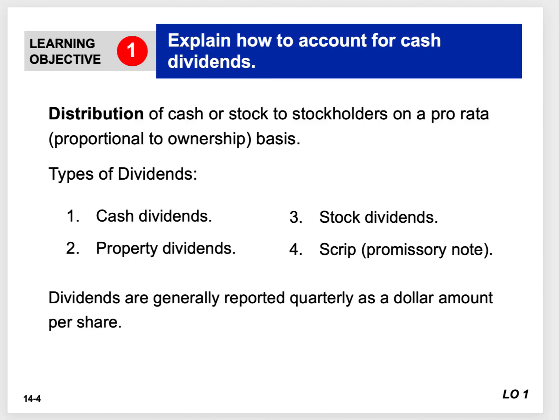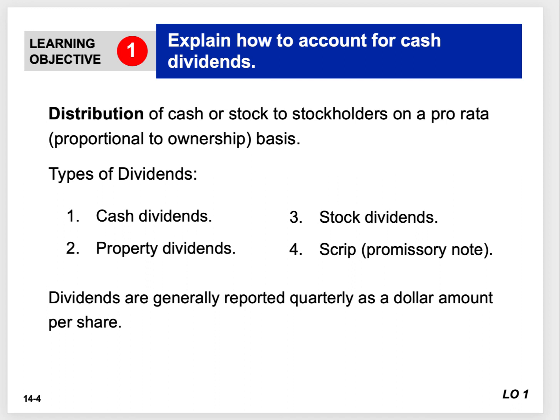Okay. So, the first thing that we need to understand about a dividend, what exactly is a dividend? Well, a dividend is a corporation's distribution of cash or stock to its shareholders on a pro rata basis. What does pro rata mean?